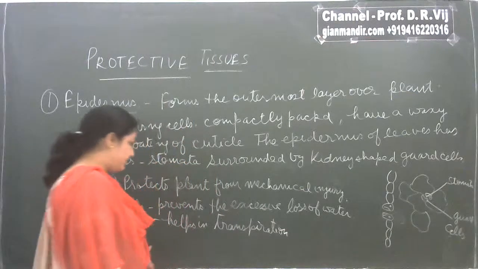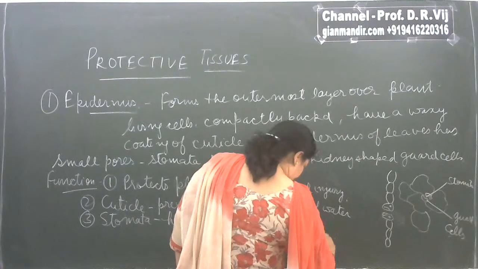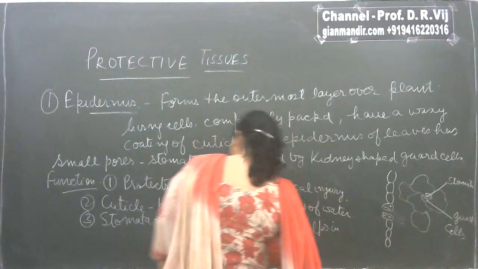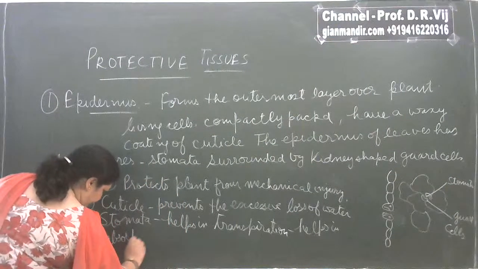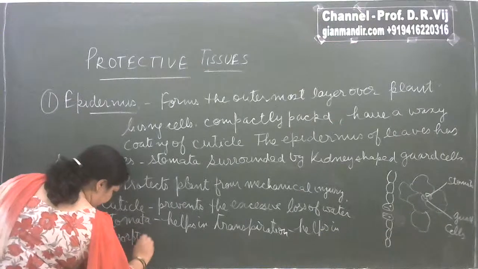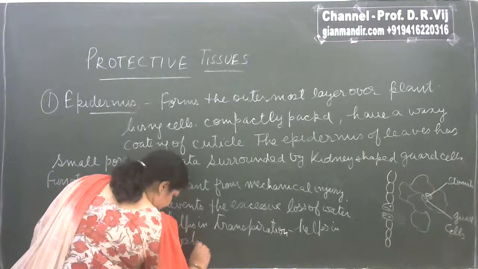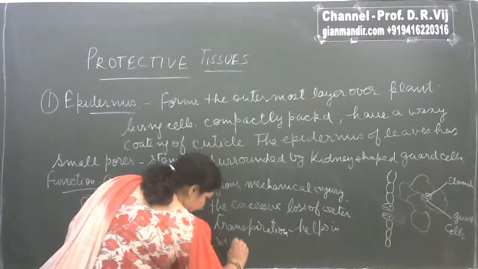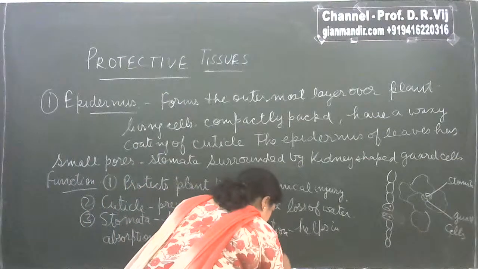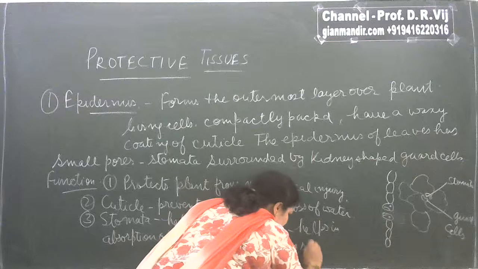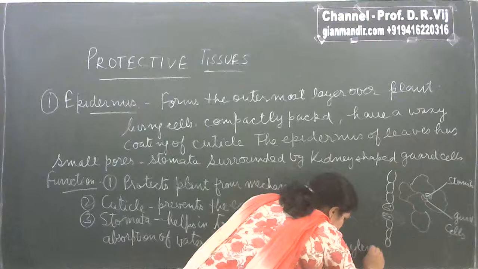So stomata help in transpiration, and this transpiration helps in absorption of water and minerals from soil by xylem.